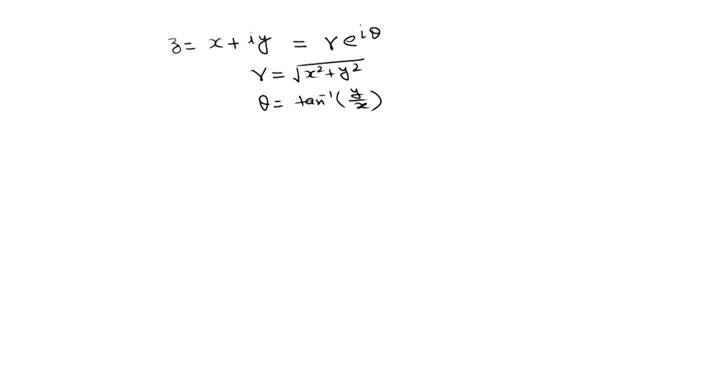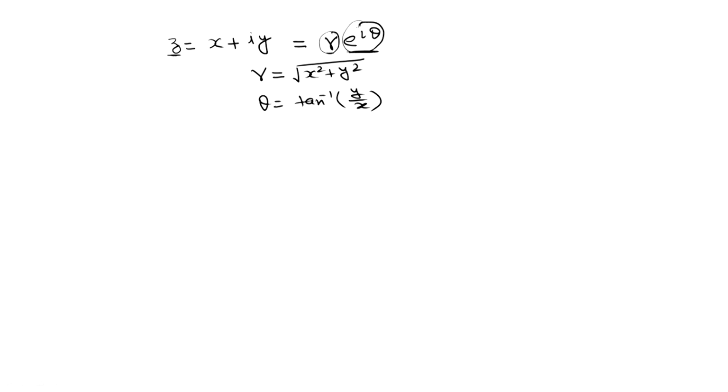So I have a complex number and I am writing it as the product of r and e raised to power i theta, where r is positive and e raised to power i theta is some sort of rotation.